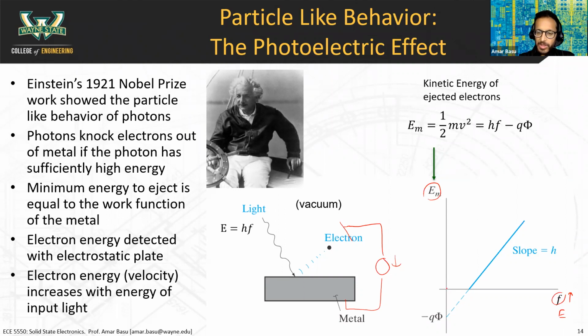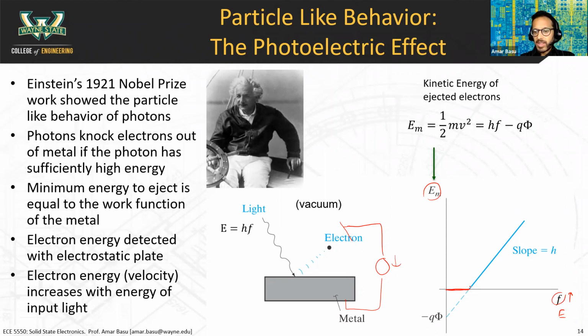So in the experiment, you start off with low energy photons. No electrons are ejected, so you end up getting zero kinetic energy of emitted electrons.